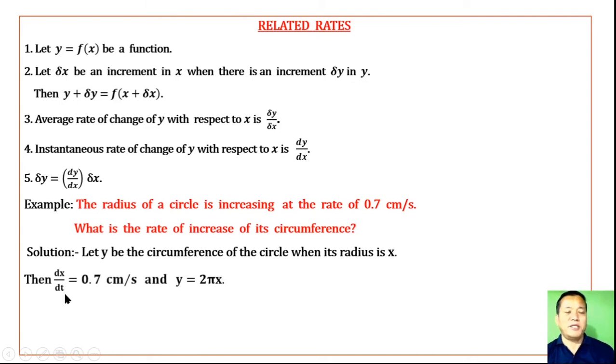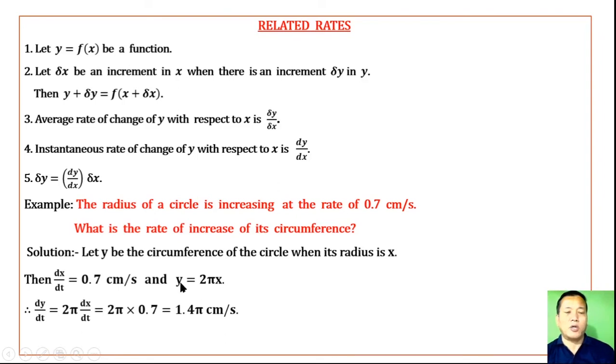Then dx by dt, the rate of increase of the radius, is 0.7 cm per second. Increase the quantity asigi mamangda plus sign tapane, and y the circumference is equal to twice pi r, that is twice pi x. There y is a function of x, which is a function of t. Therefore, we have to find out dy by dt.